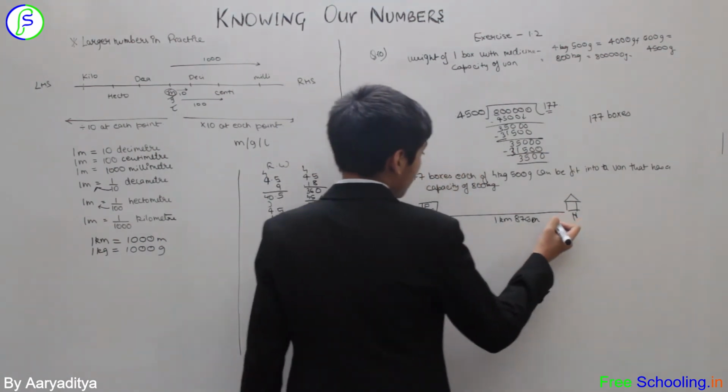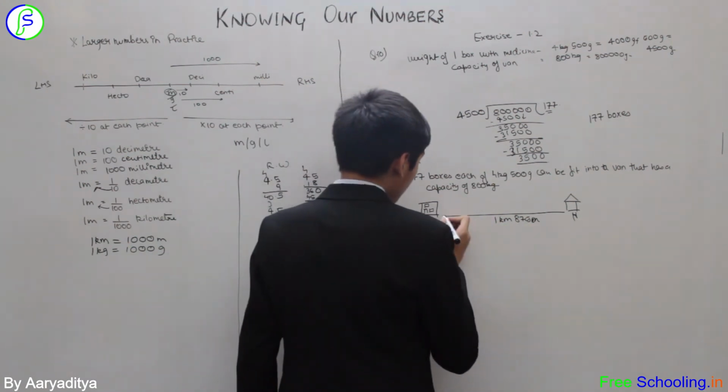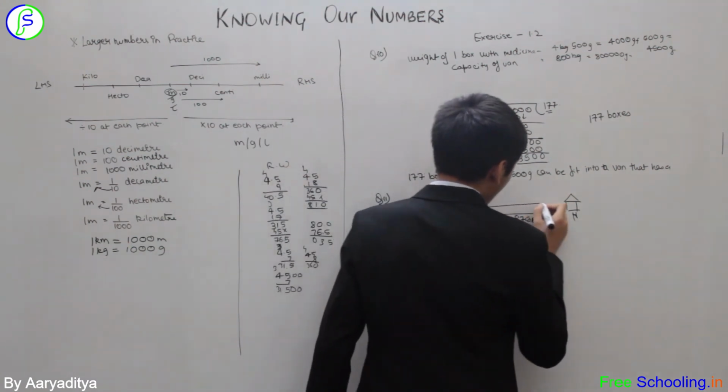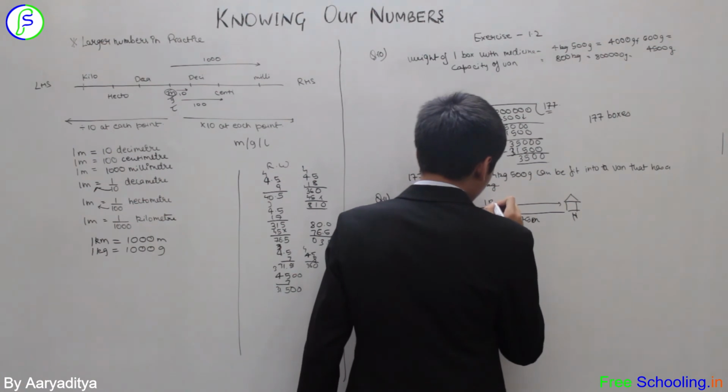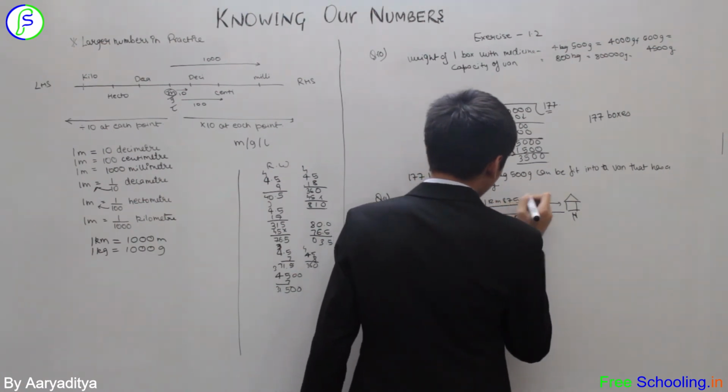So 1 kilometer 875 meter one side to go to school, and then coming back from school to home, it takes another 1 kilometer 875.